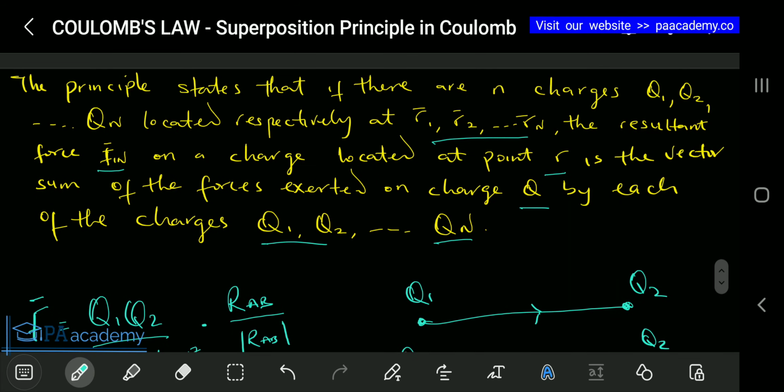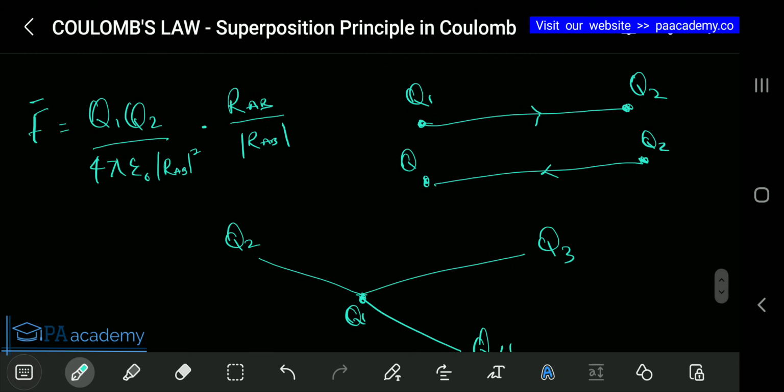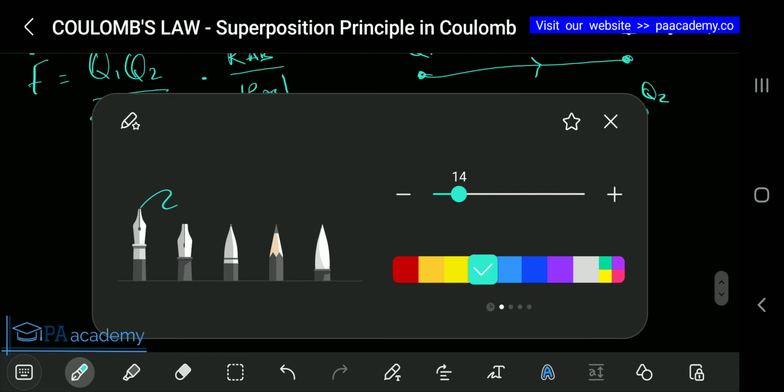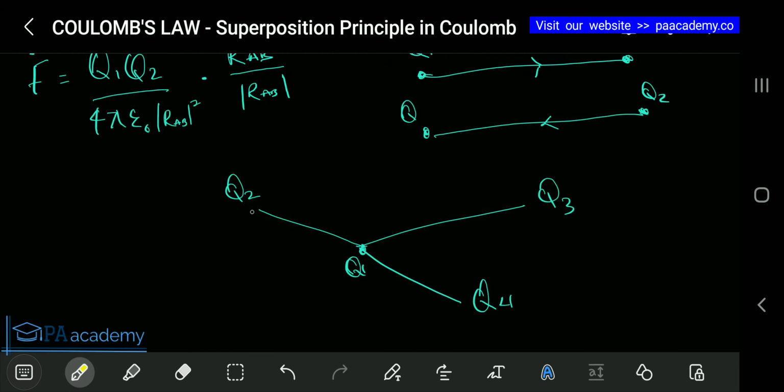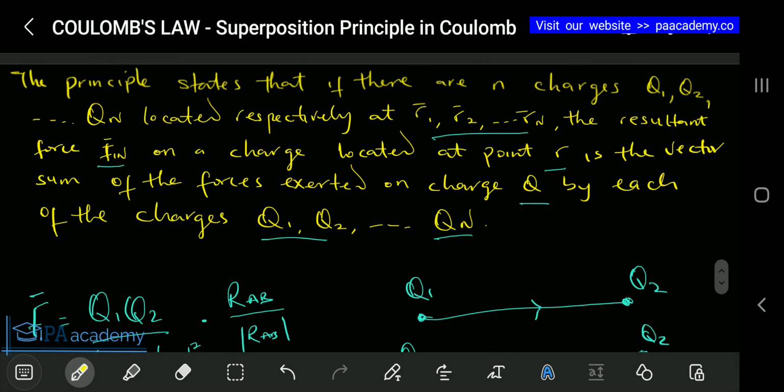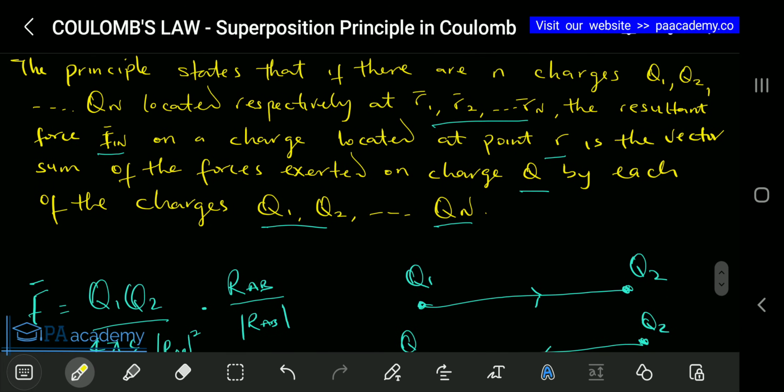So the principle states that if there are n charges Q1, Q2 to whatever, let me just renumber the charges. If this is point Q, and then we have this to be Q1, Q2, and then Q3, it says located respectively at R1, R2, and R3.